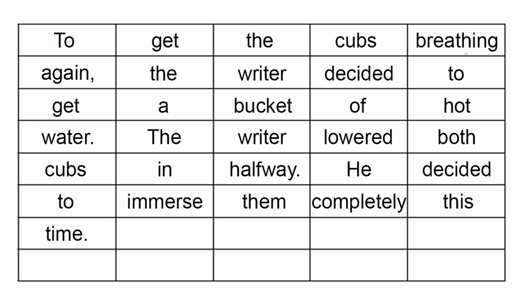Okay, another way of writing it is like this. Instead of writing each content point as one new sentence, we can actually combine them. Like this one: the writer lowered both cups in halfway, then decided to immerse them completely this time. So, lowered both cups, decided to immerse them.